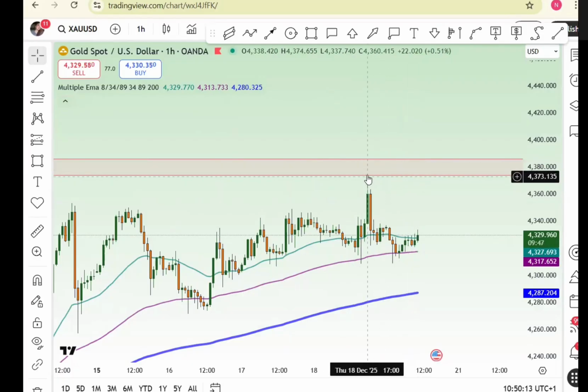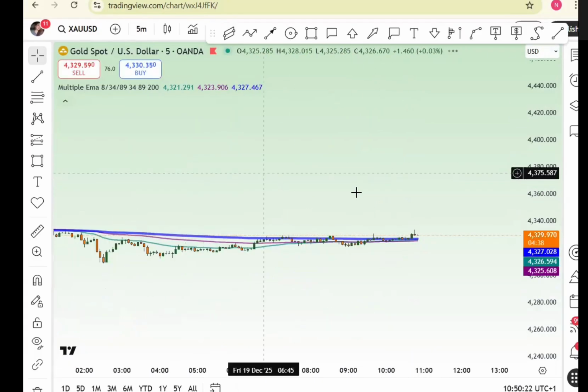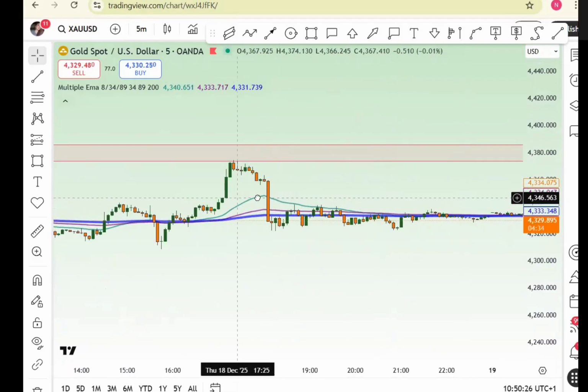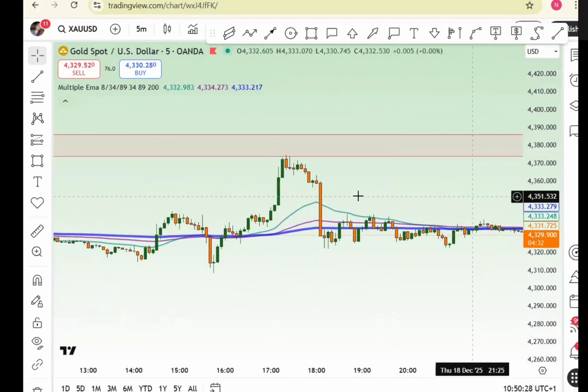And if you enter a buy signal, if you FOMO into a strong bullish momentum, the market will kill you immediately.